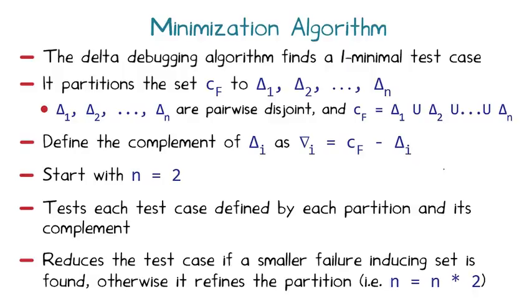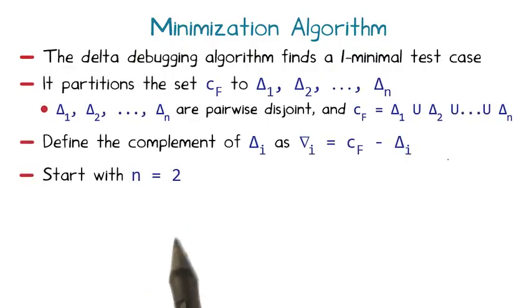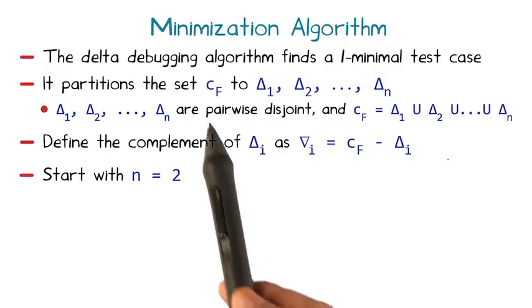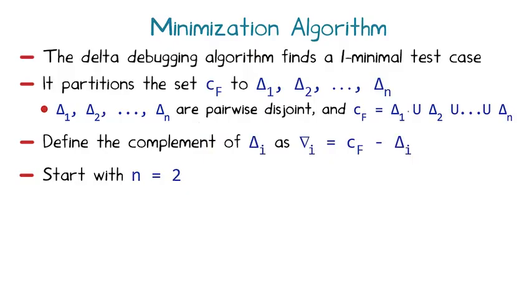Here is a sketch of the delta debugging minimization algorithm invented by Andreas Zeller, who originally proposed delta debugging. The algorithm finds a one minimal test case from the given set of changes CF. It starts with n equals 2 and divides the set CF into n pairwise disjoint pieces called delta 1 through delta n.